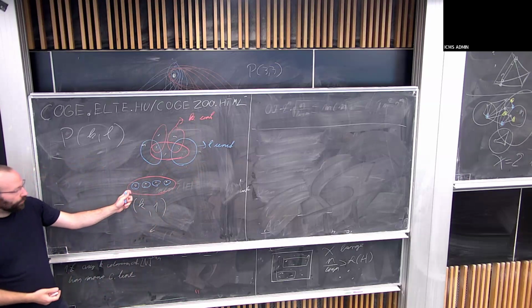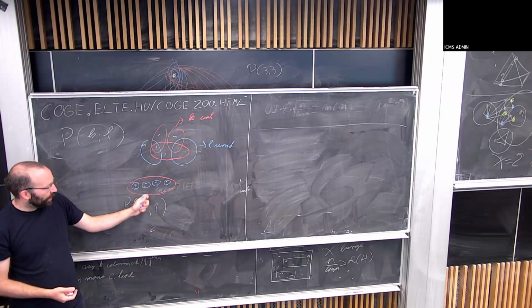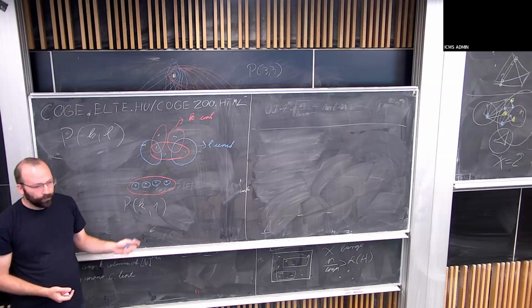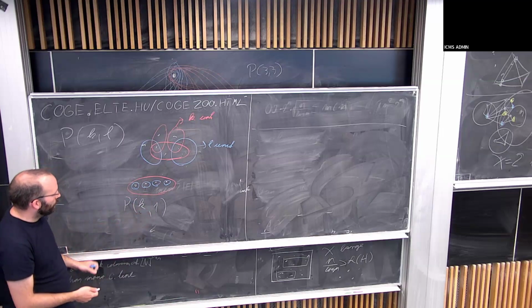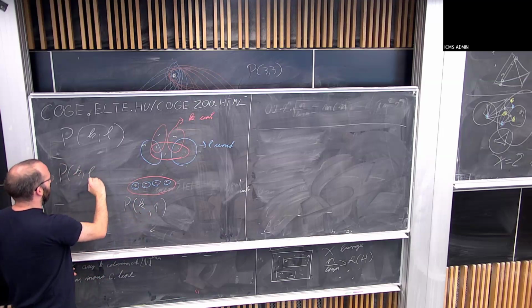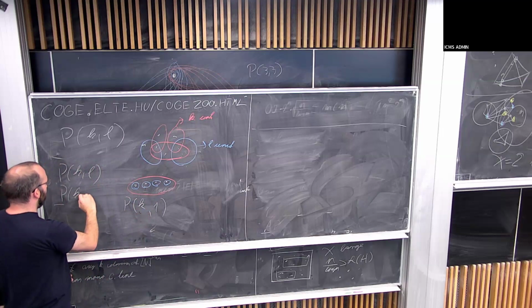If all red, then I have a red edge, which is k-uniform. If at least one is blue, then I have a blue edge, which is 1-uniform. And now I want to construct P_{k,l} from P_{k-1,l} and P_{k,l-1}.